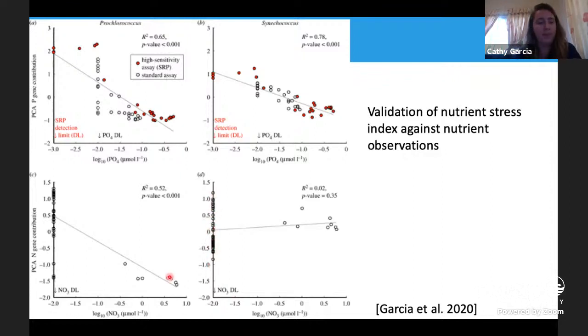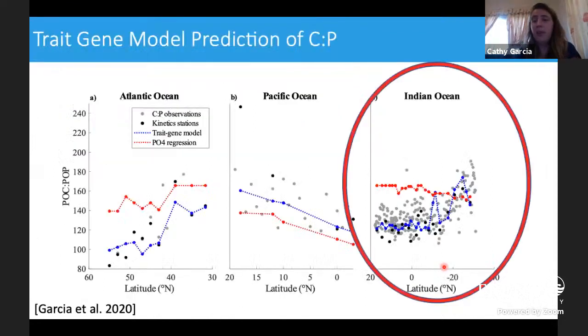So there's some evidence here for this validation, but we did need this to incorporate the genomic stress index into the trait model. So this is just showing the final results. When we use the NNP stress index in that trait model, we found POC to POP agrees well with the predictions based on phosphate alone.